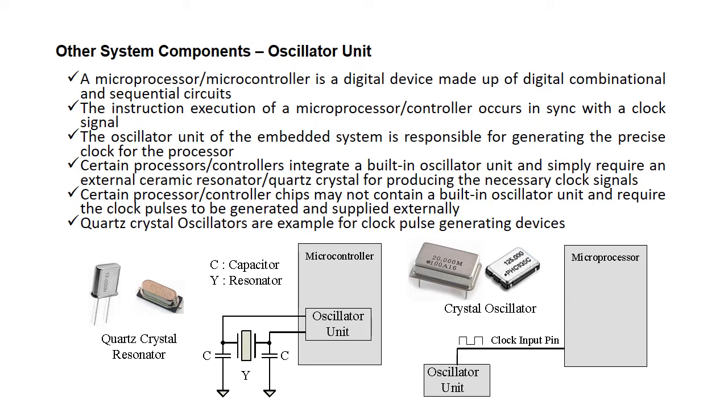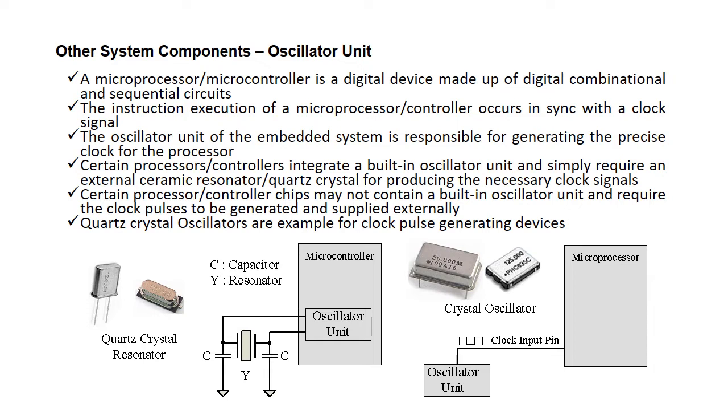A microcontroller is a digital device made up of digital combinational and sequential circuits. The instruction execution of a microprocessor or controller occurs in synchronization with the clock signal. So all the operations, the program execution, instruction execution are synchronized with the clock signal, and with respect to this clock signal all the operations take place.